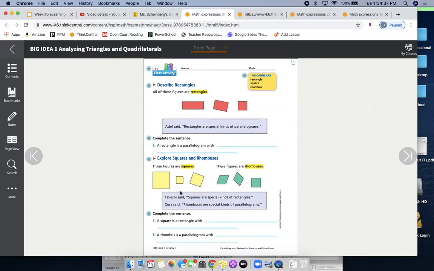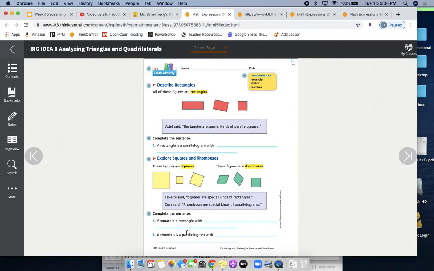These figures are squares and these figures are rhombuses. Takeshi said, squares are special kinds of rectangles, and Cora said rhombuses are special kinds of parallelograms. A square is a rectangle with sides that are all the same length, and a rhombus is a parallelogram with sides that are all the same length.